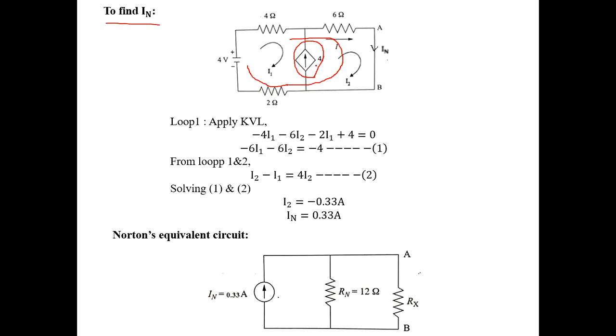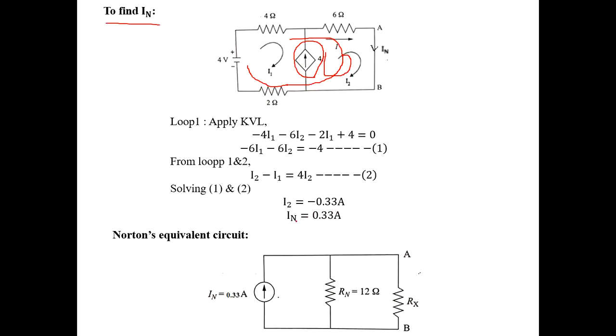Next, in loop 2 and 1, we can write the equation I2 minus I1 equal to... this second loop current is in the upward direction. The dependent current is also in the upward direction. We can write 4 into I2, because I equal to I2.